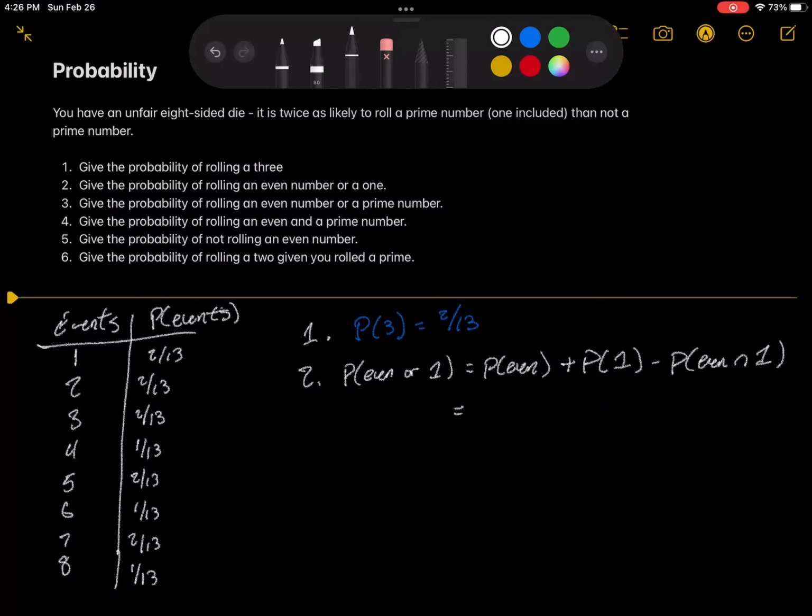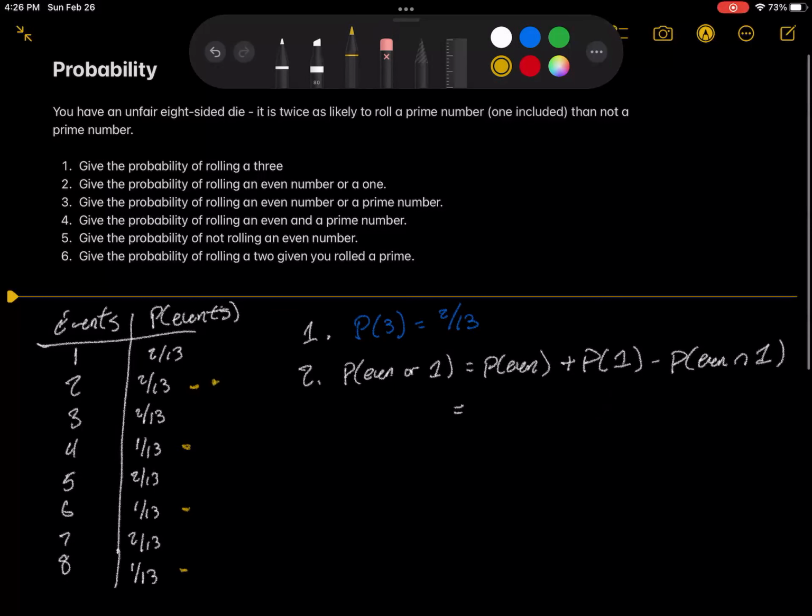So the probability of being even, that's a 2, a 4, a 6, or an 8. If I add those probabilities up, I get 1, 2, 3, 4, 5. So there's 5/13 of my space that satisfy being even.